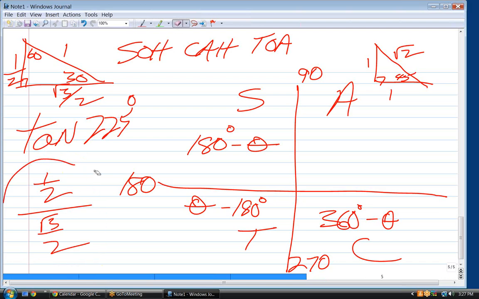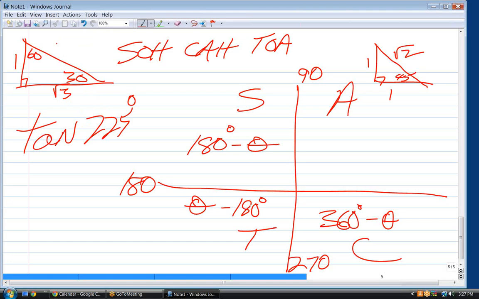Whereas if you use the standard triangle that we've been using for years, you get the right ratio right away. Well, you get 1 over 1 for tangent of 45 degrees. You see it?